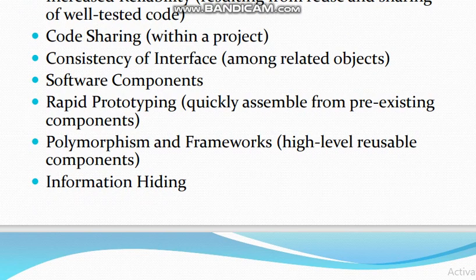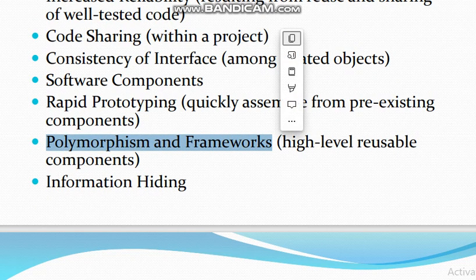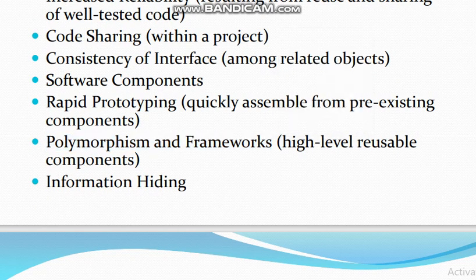Then you can develop software components, and it helps with rapid prototyping. Prototypes are quickly assembled from pre-existing components. You will have pre-existing components, and if you want to add any new feature, it can be implemented using inheritance. And polymorphism and frameworks help you with high-level reusability of the components.